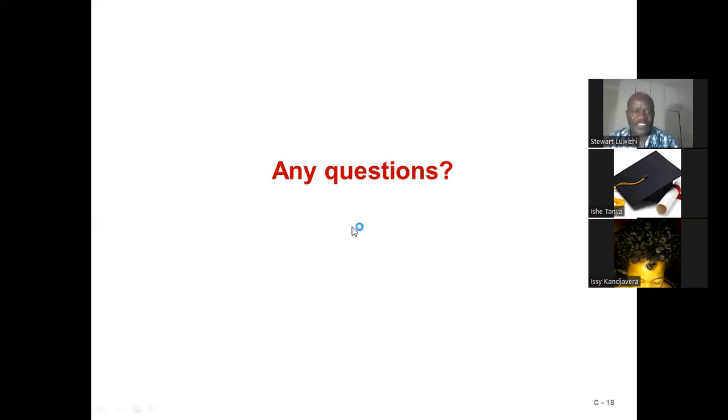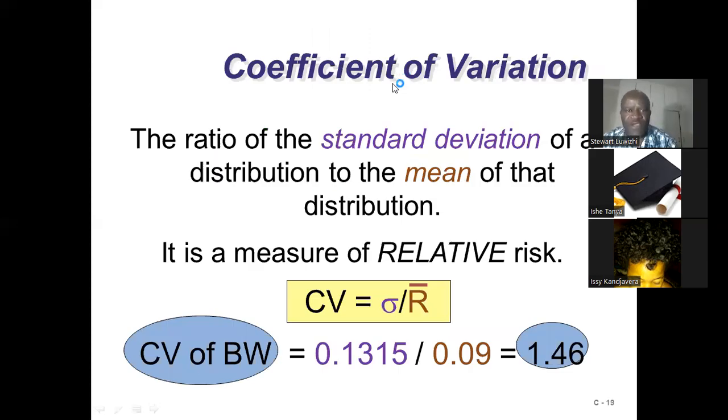Let me proceed to the calculation of now the coefficient of variation. The coefficient of variation is just measuring the relative risk, right? It is the ratio of the standard deviation of a distribution to the mean of that distribution. Our mean, we found it was 0.09, isn't it? And the standard deviation, we calculated it and we found it was 13.15% or 0.1315.